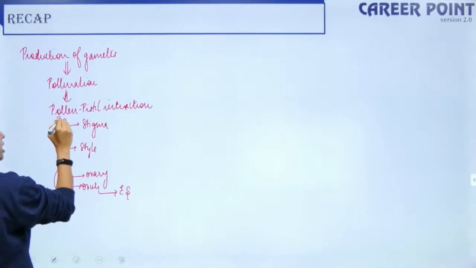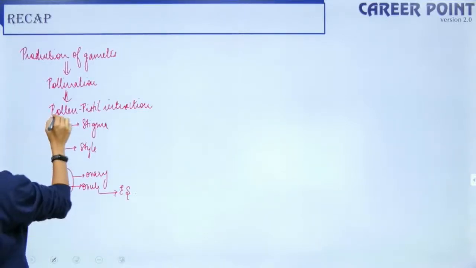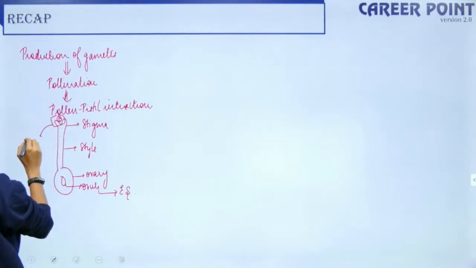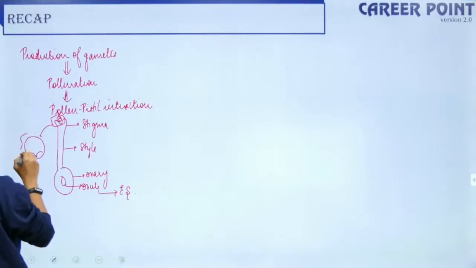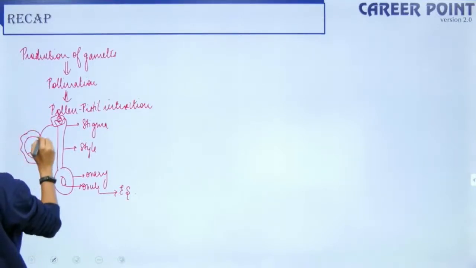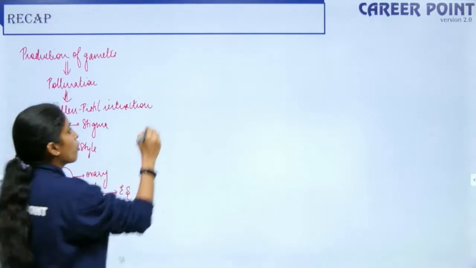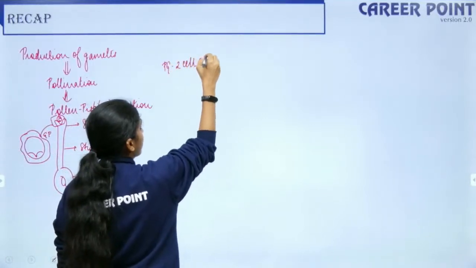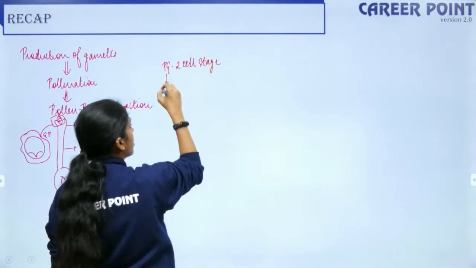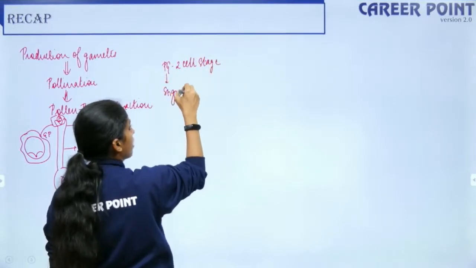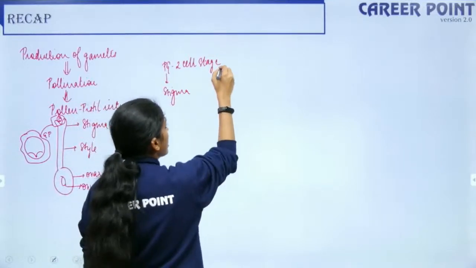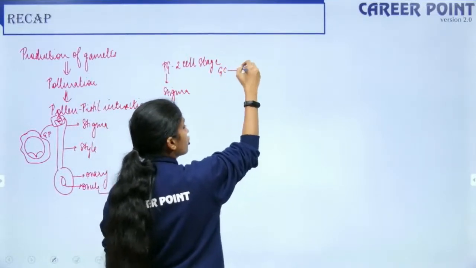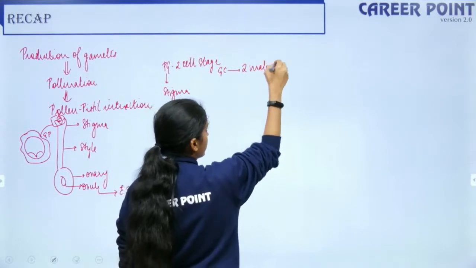Suppose if the pollen grain comes and lands here. So I am magnifying this picture. So I have a vegetative cell, I have two male gametes and I have the exine layer. So the exine layer has germ pore regions, right? If the pollen grain is at the two-cell stage, when it lands on the stigma, the generative cell undergoes mitotic division to produce two male gametes.